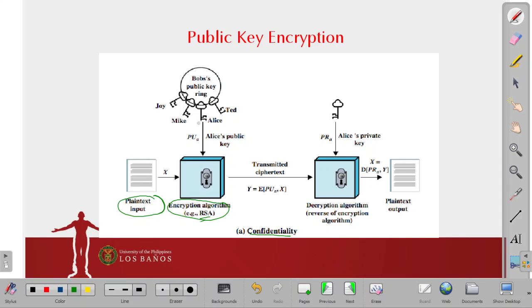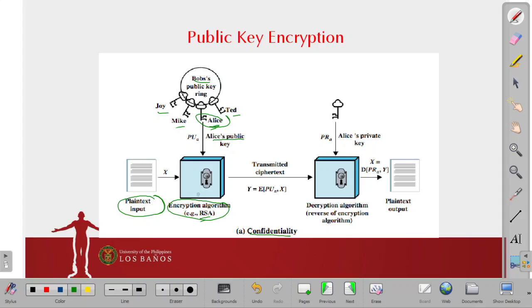So Bob will need to obtain the public key of Alice from Bob's keyring. In public key encryption, you usually have a keyring that contains the public keys that you have added to your keyring. In this scenario, Bob has a keyring with several public keys from his friends, including the public key of Alice.